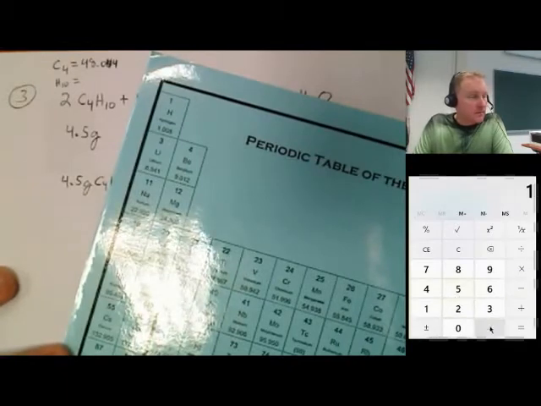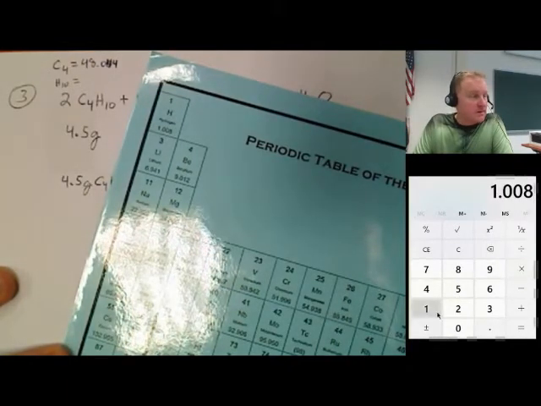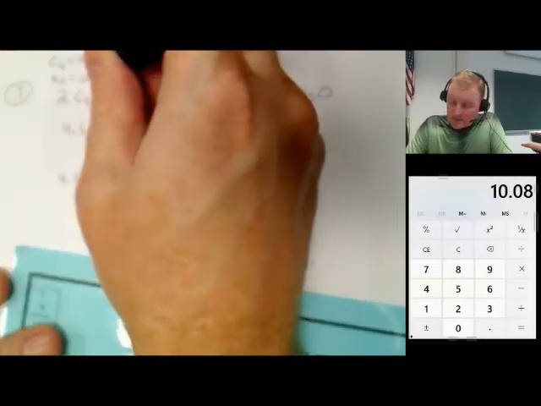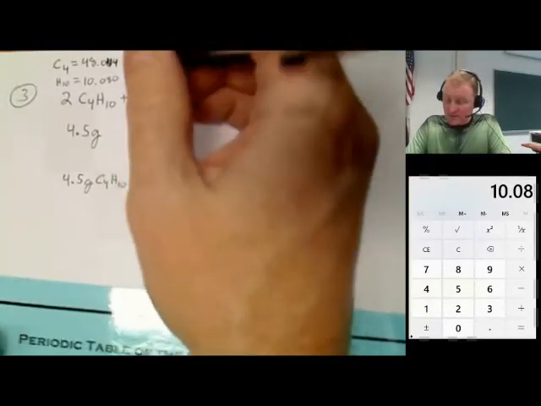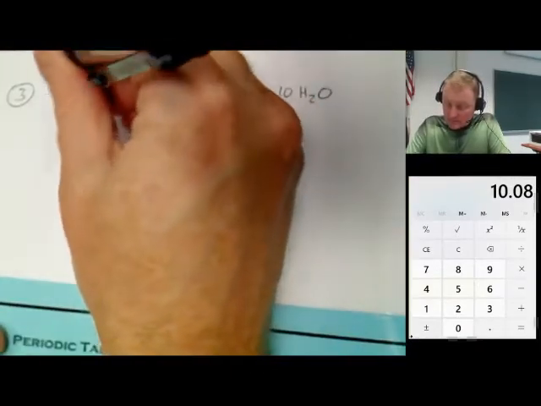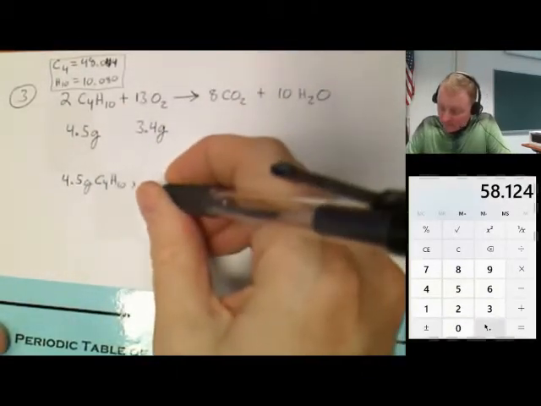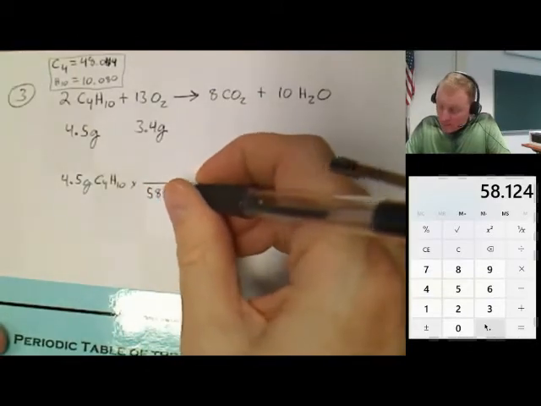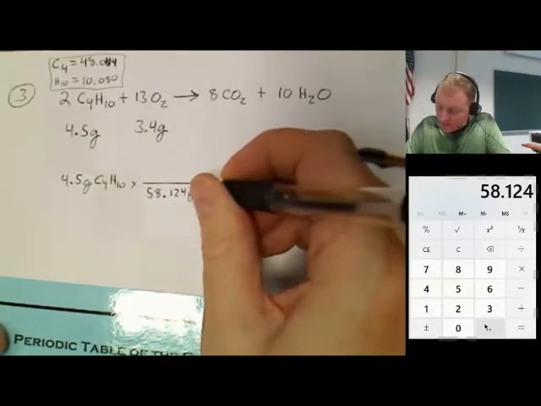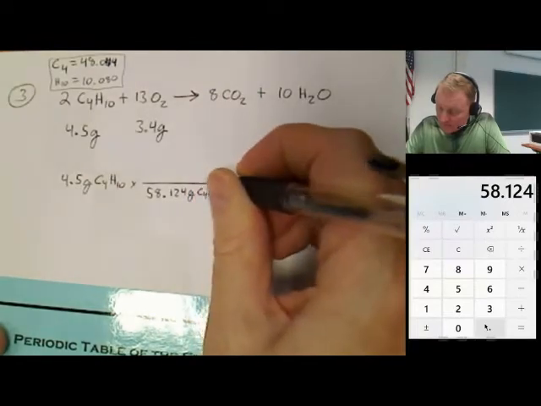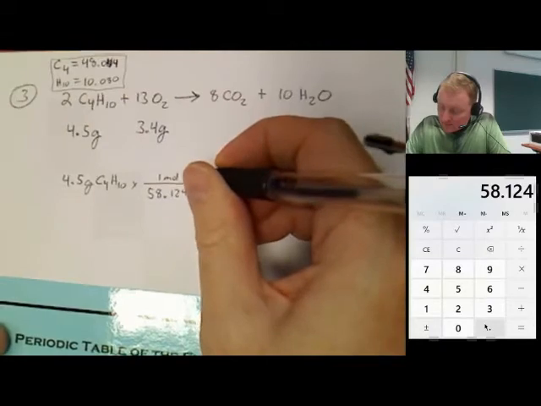So hydrogen was 1.008 times 10. So we have 10.080. And if we add these two up together, we take that and add it to our 48.044, and I have 58.124 grams of butane per 1 mole of butane.